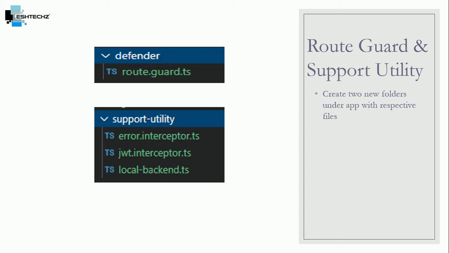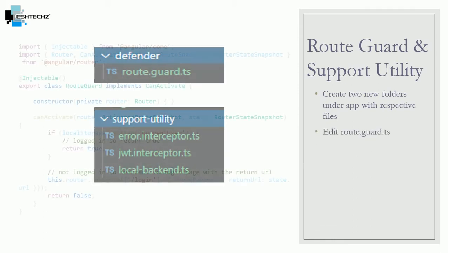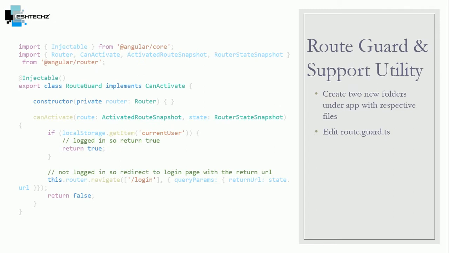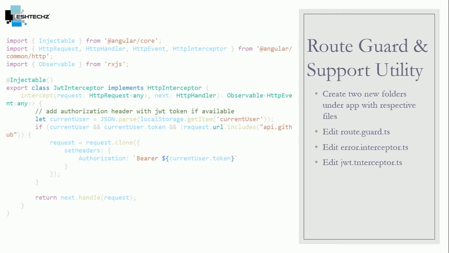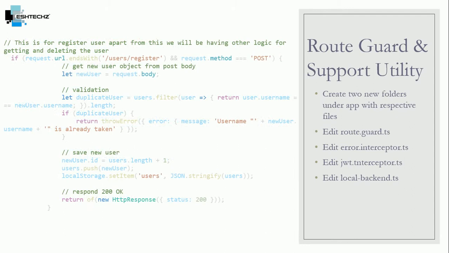Now we'll be adding the code to the respective files starting with root.guard.ts, error interceptor.ts, JWT interceptor.ts, and at last local backend.ts.